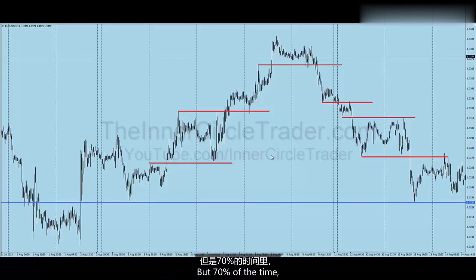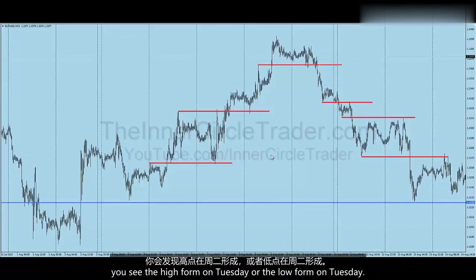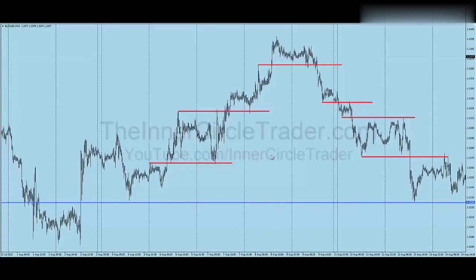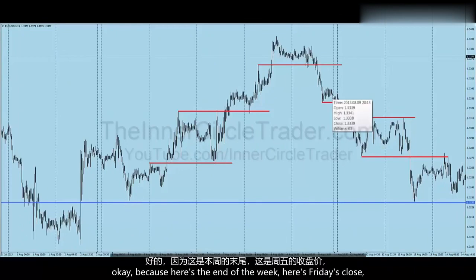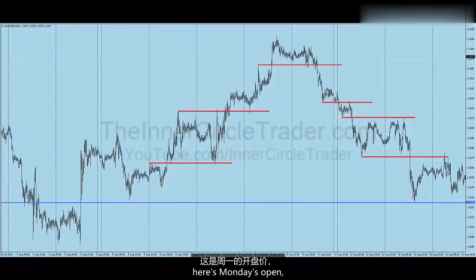But 70% of the time, you see the high form on Tuesday, or the low form on Tuesday. In this case, the low of the week, because here's the end of the week, here's Friday's close, here's Monday's open. The market opens on Monday, trades lower. This is the low of the week.